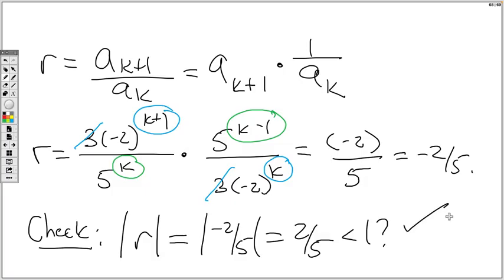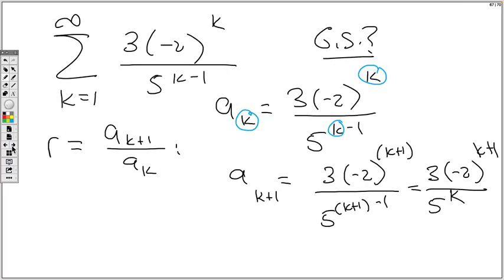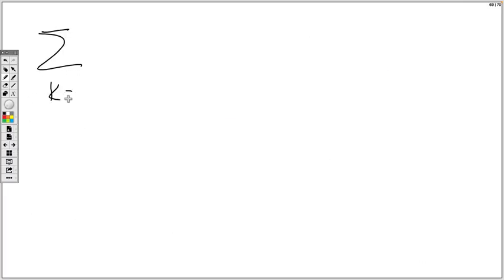Yep. That means that we know this series converges. You follow? So that's how you would prove that this series converges. But what's nice about geometric series is not only can we show they converge, we can actually find out what they converge to, what they add up to. So the sum, k goes from 1 to infinity.